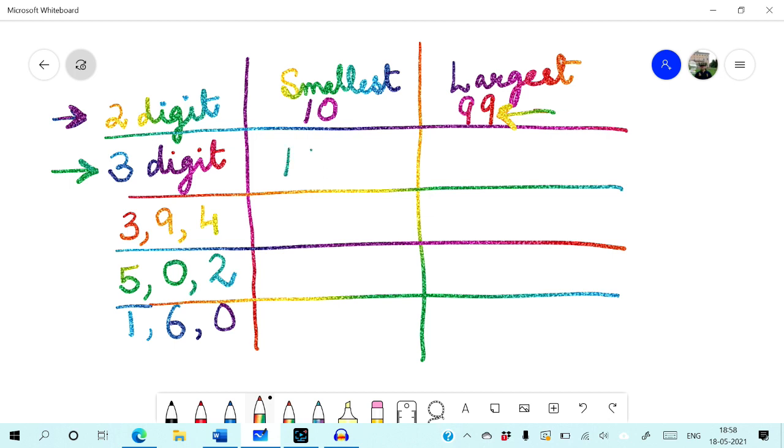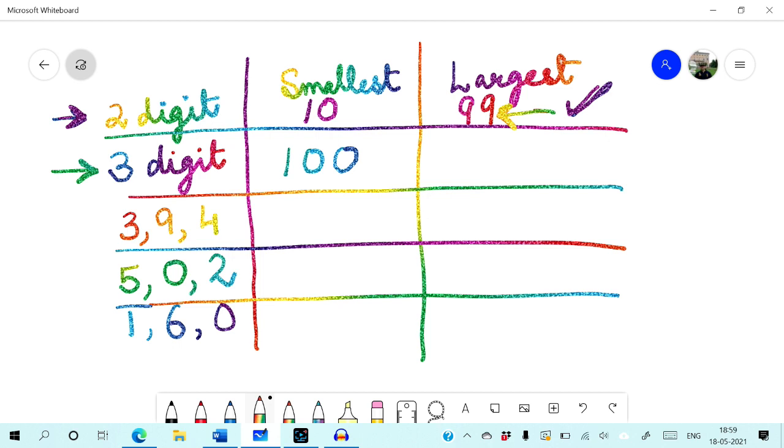So 1, 0, 0 is the smallest 3-digit number. 100 is the smallest 3-digit number. The largest 2-digit number is 99, and after 99 we get 100. And 100 has got 3 digits. So the smallest 3-digit number is 100.